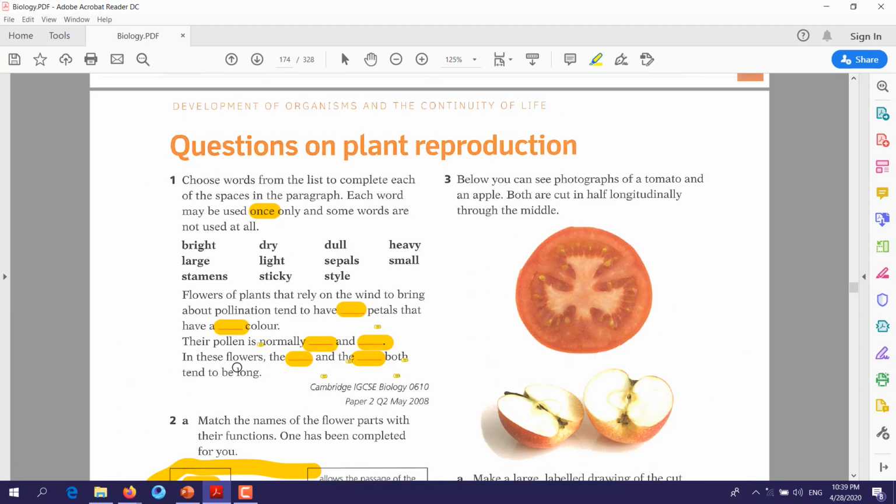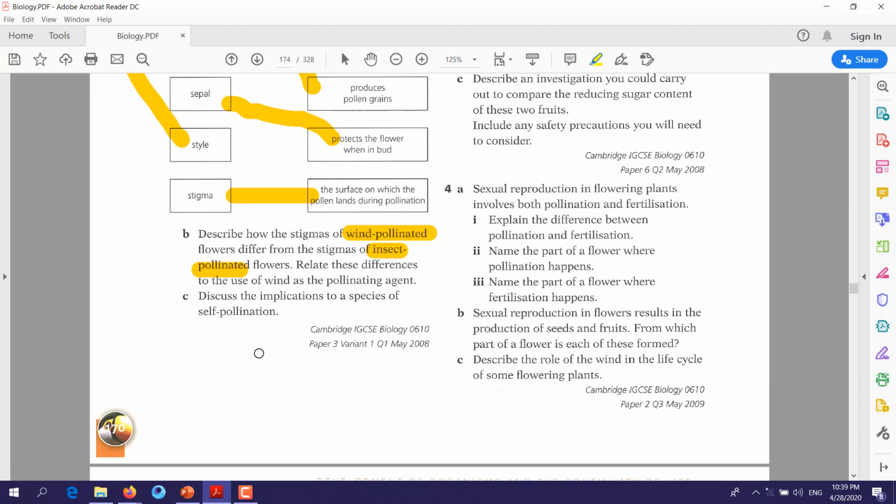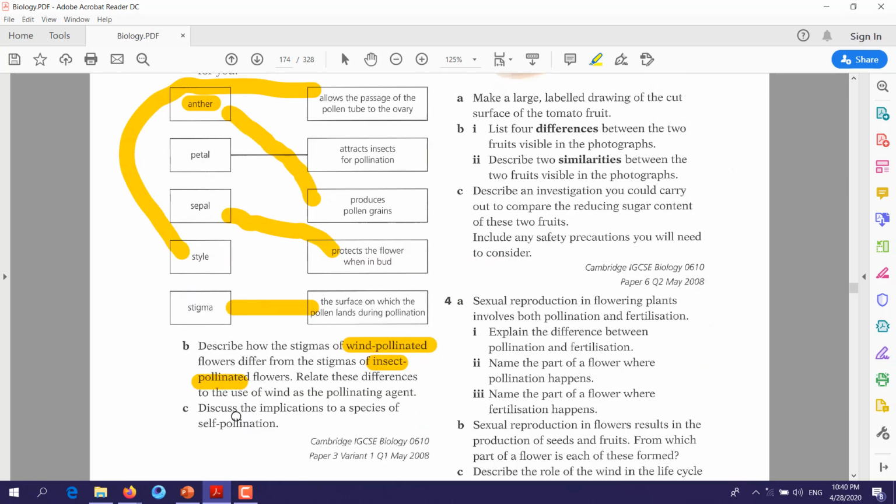as we explained here, the pollen is normally dry and light in these flowers. Because here it's wind pollinated, how will the stigma be? The stigma of wind pollinated flowers should be wide. It should have a large surface.